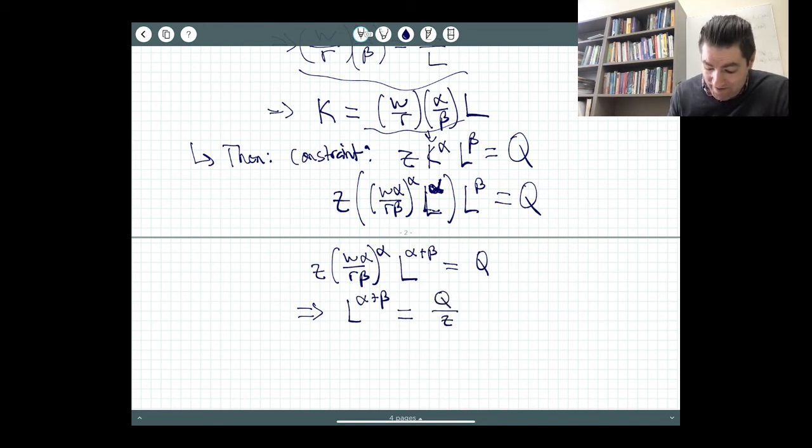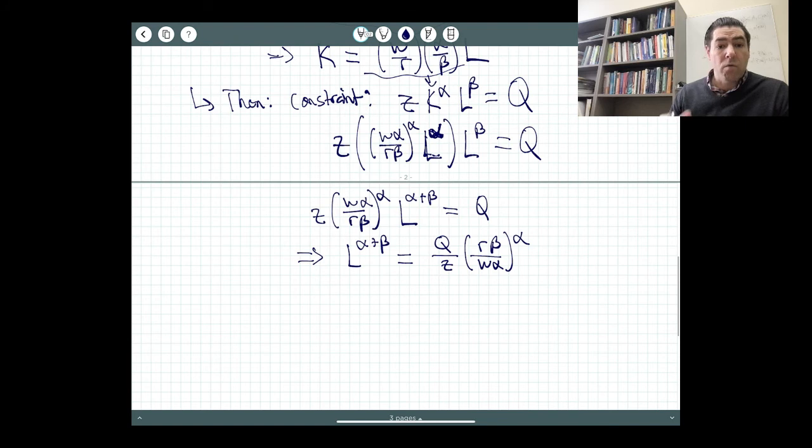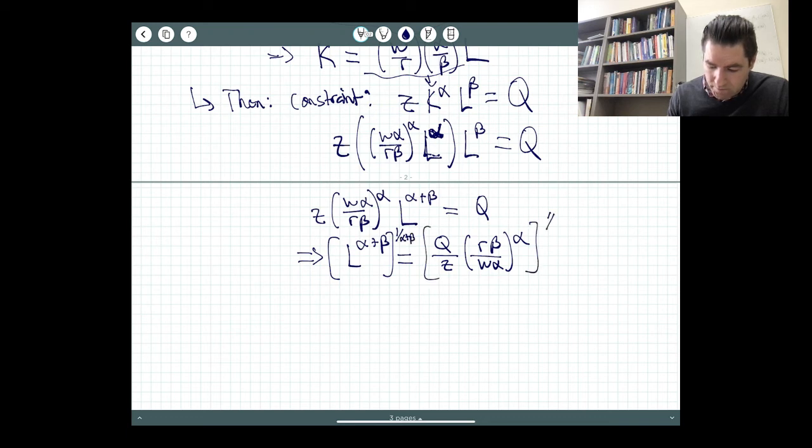Q divided by Z, and then it's going to be divided by, you can do this however you want, R beta over W alpha to the alpha. And then I'm going to take that whole thing on the right-hand side to the power 1 over alpha plus beta. So now I have to take the root of both sides.